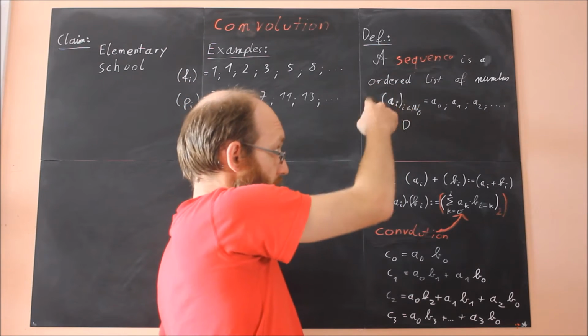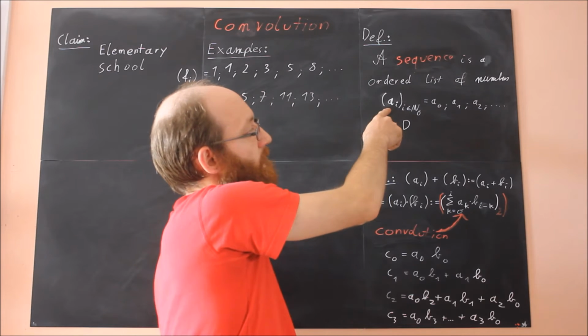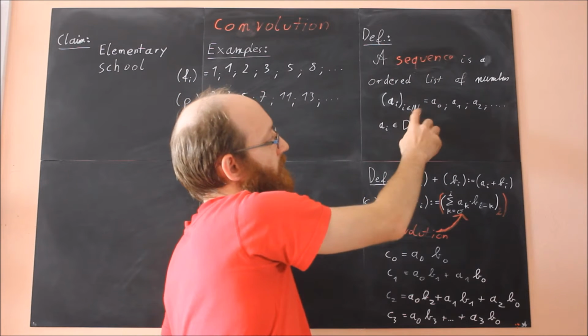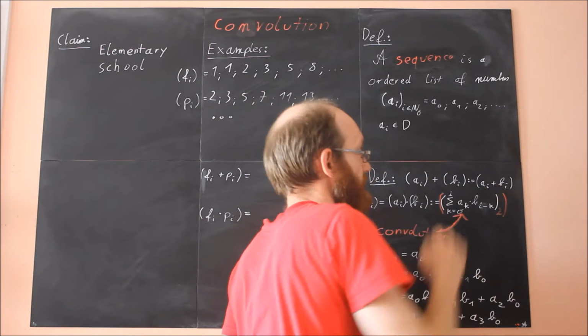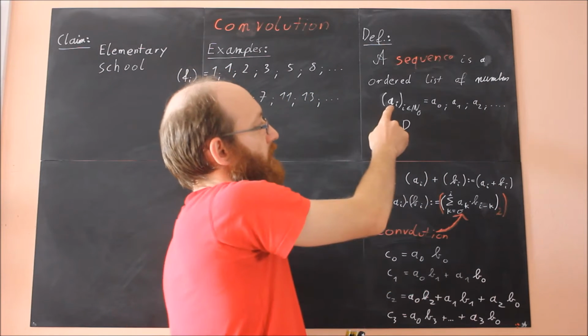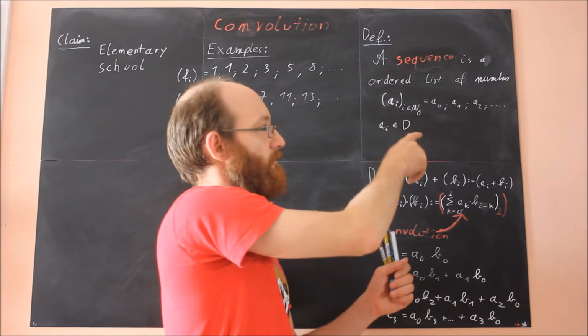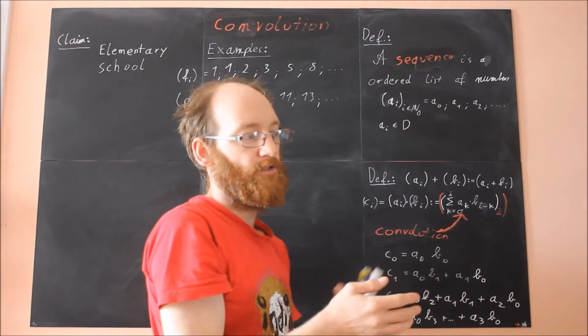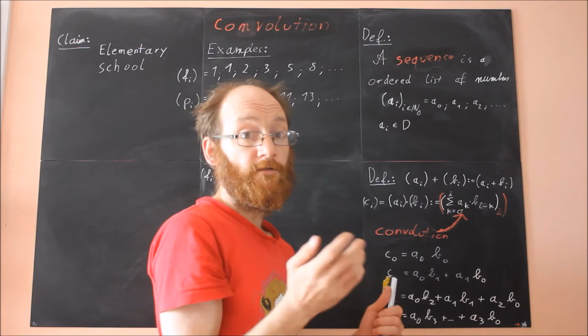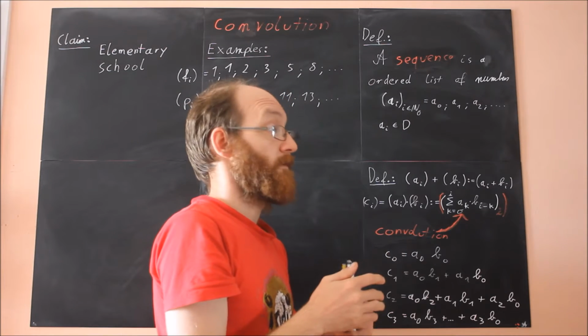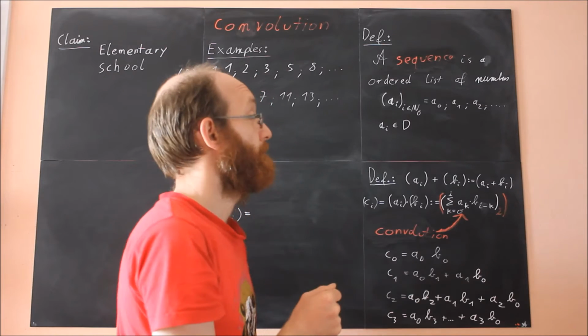This notation is for our list, so all the elements of our list are a_0, a_1, a_2, and so on. The numbers a_i are from some certain definition set. This could be the real numbers or the integers or whatever, even functions if you like.